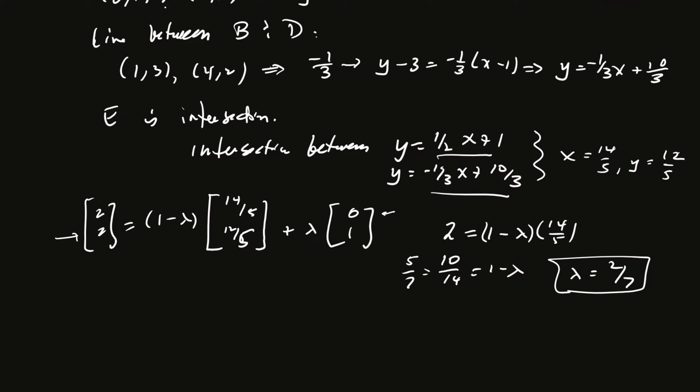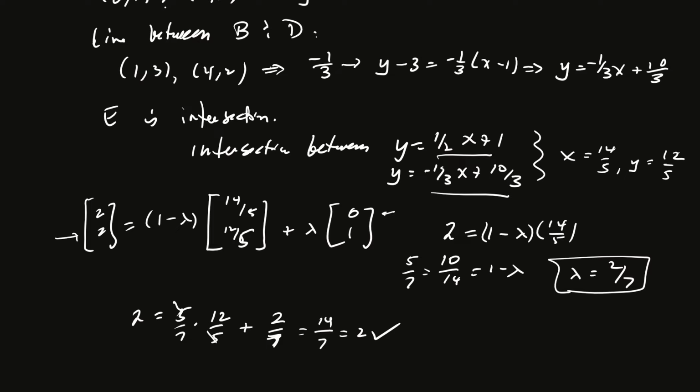Now you can use the second coordinate to double check yourself. The second coordinate would be 2 equals 1 minus lambda, which is 5/7, times 12/5 plus 2/7. Let's double check that. Here we see the 5's cancel, so 12 plus 2 is 14. 14/7 is 2, and that is a verification.